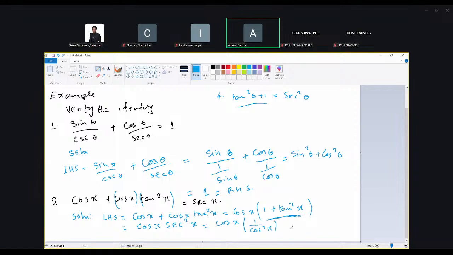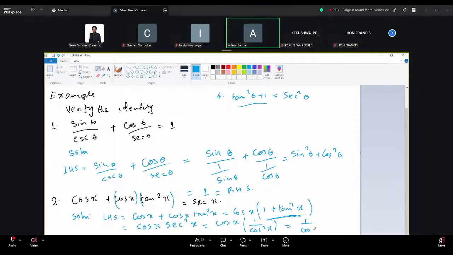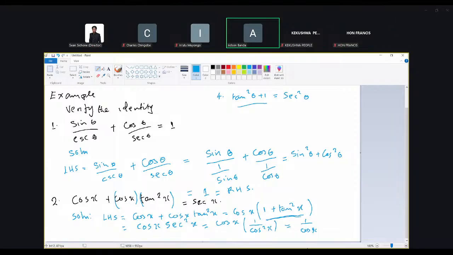So that is what we have. And so now you can see that this will just be 1 over cos x, because now we can divide cos there and 1 cos here to remain with 1 over cos.